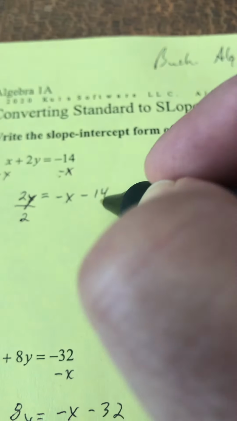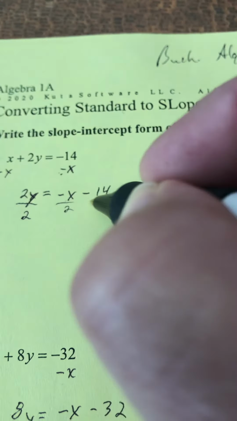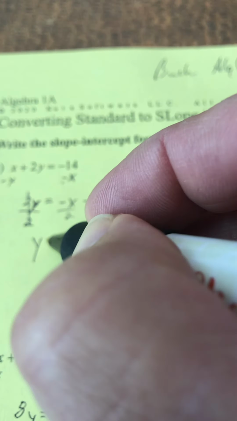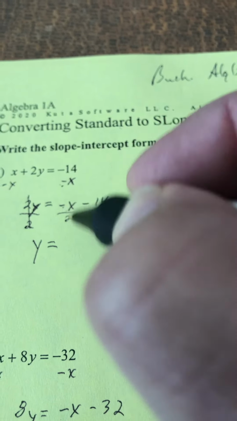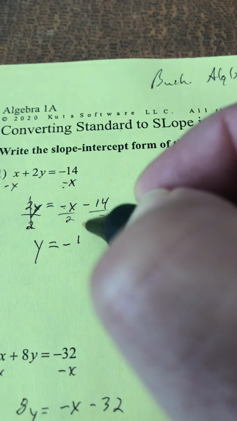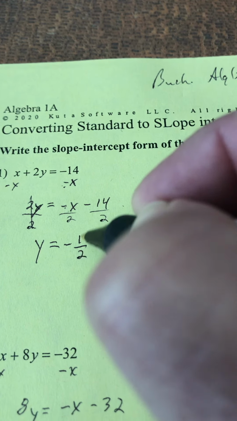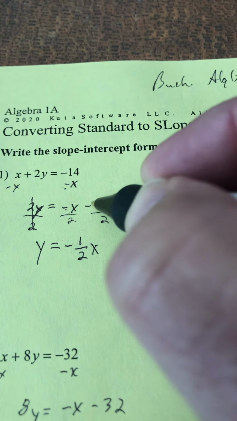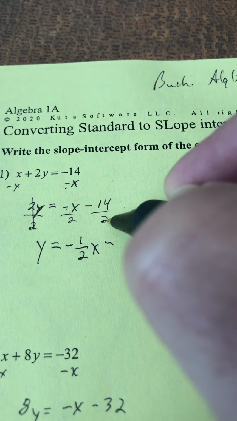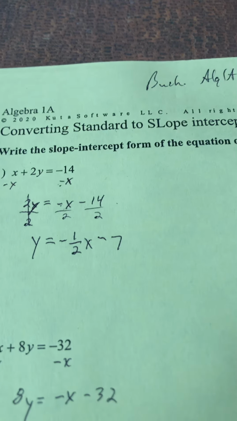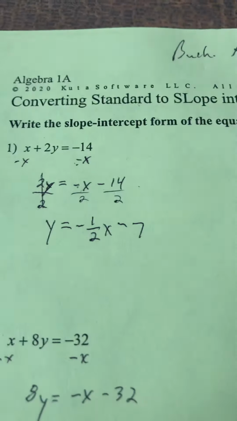So divide everything by 2, okay? So these cancel out, and I have, this is going to be negative, I had 1x, so negative 1 over 2x minus 14 divided by 2 is 7. And that's my final answer.